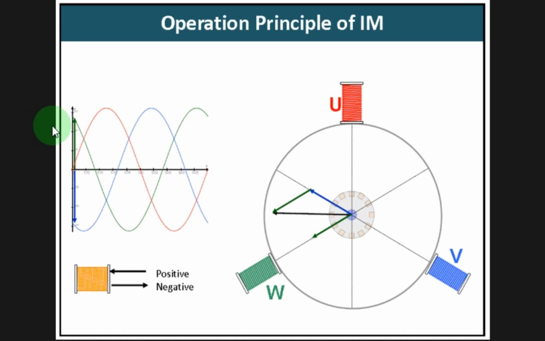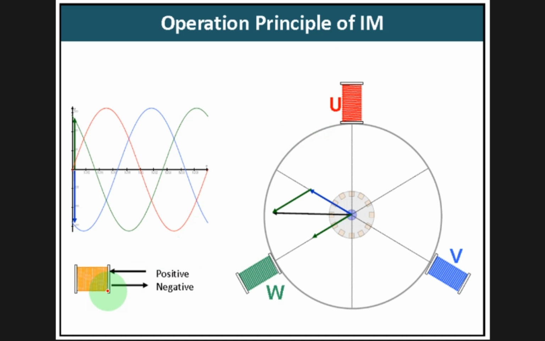So here you can see the three phases, the red one, the green one and the blue one. Between these three phases, electrically, there is a 120 degree phase difference, and each coil is forming a magnetic field, north on one side, south on the other side.